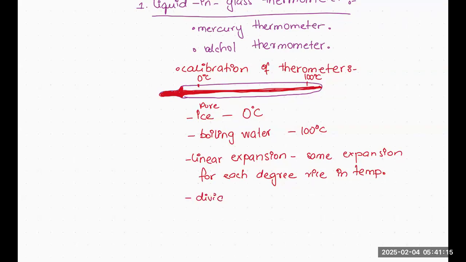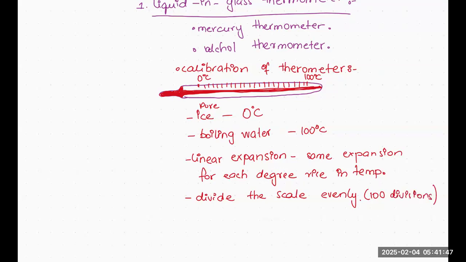Meaning that you have 0 degrees and 100 degrees centigrade, you just divide it into even points. That's it, and you will have your entire scale calibrated and ready. You could divide it into 100 equal divisions. This is basically when you have a linear expansion.